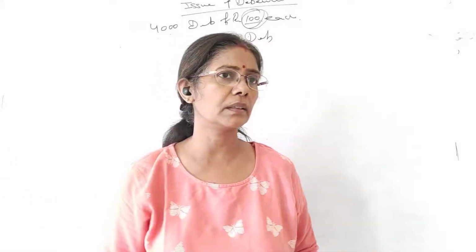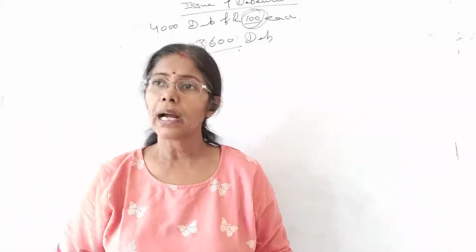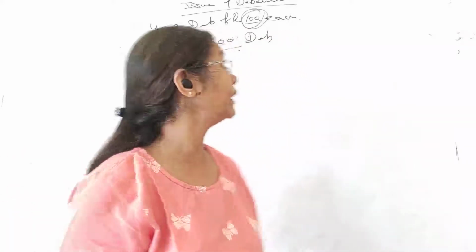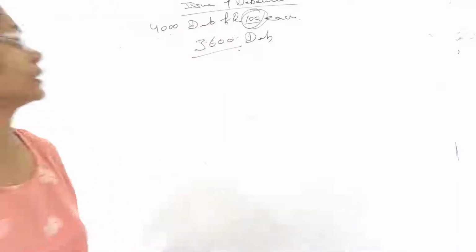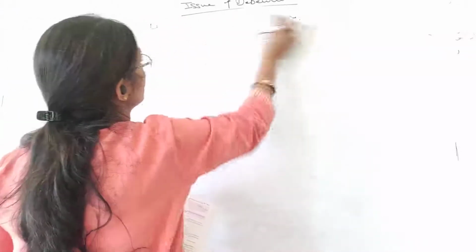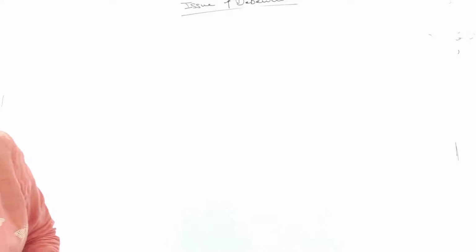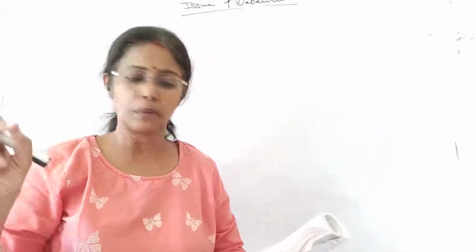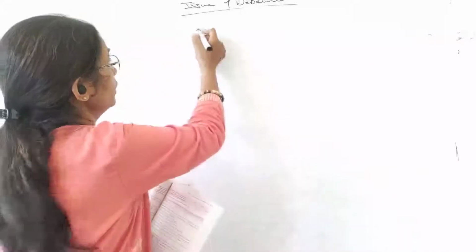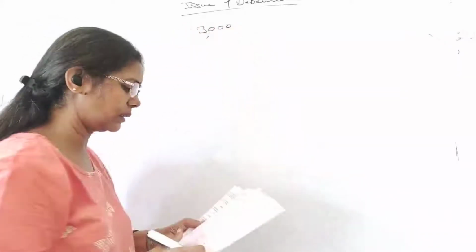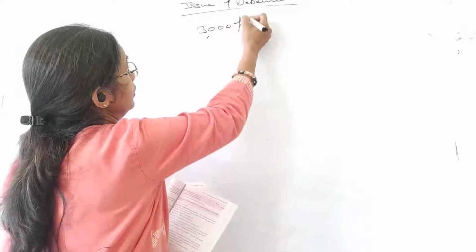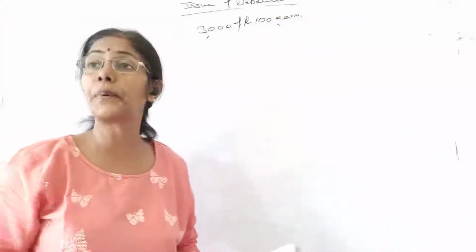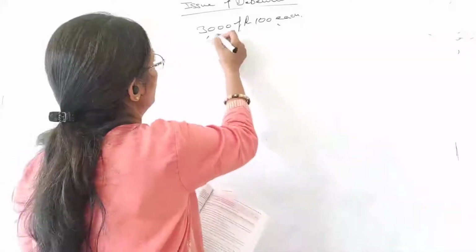After that, there is nothing in the solution. So, how many debentures did this company want to issue? Neither you listen nor have you gone through it. It says Nav Lakshmi Limited invited applications for 3,000 debentures of rupees 100 each at a premium of rupees 50.